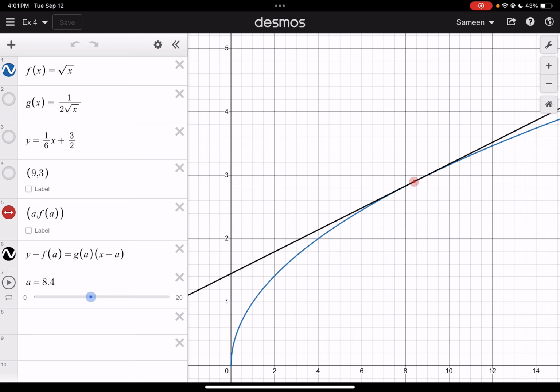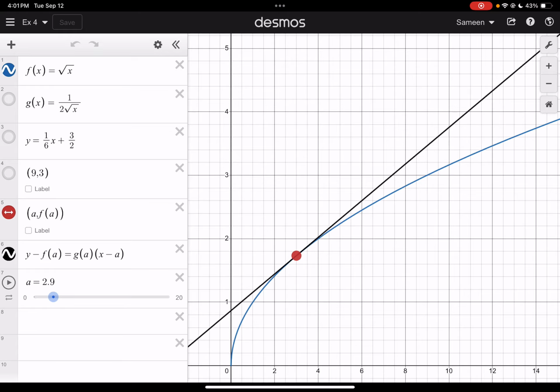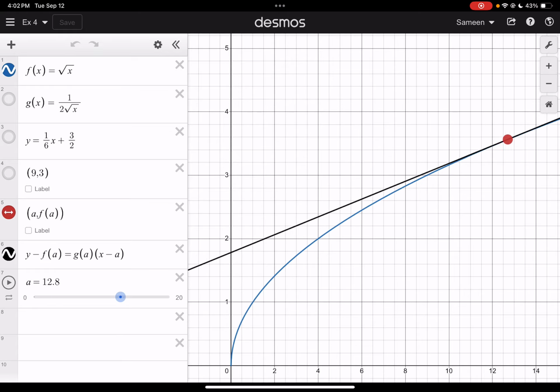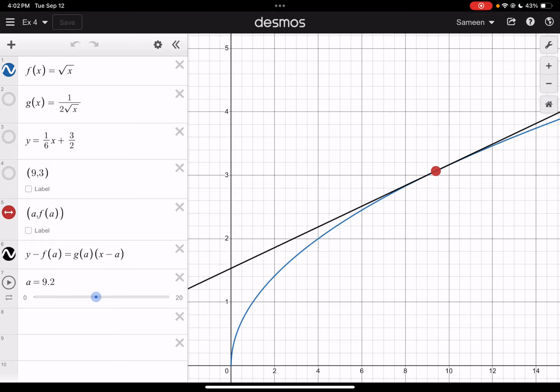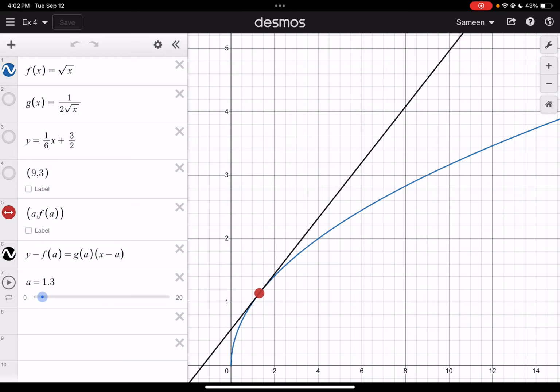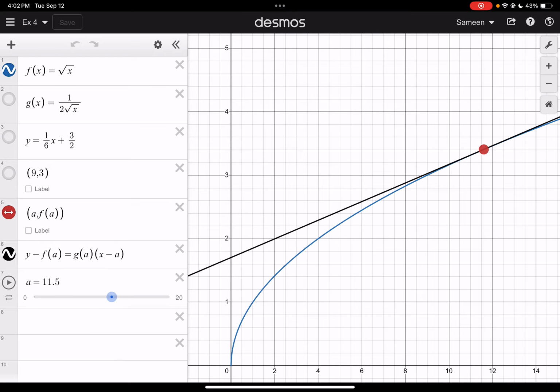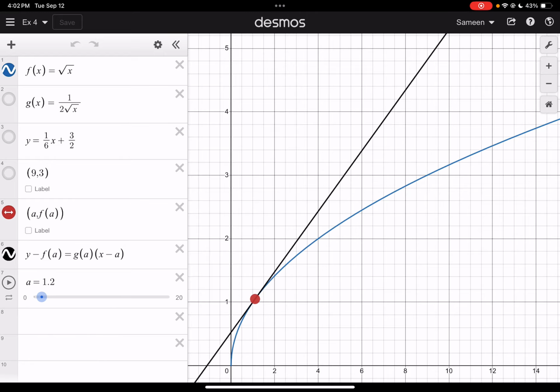But you can see the blue curve, that's my square root function. The point right now, I just want to show you how I can move the point, and this is the tangent line to the curve. See how that black line just kind of rocks and rolls all over the curve, but it just touches it at one point.